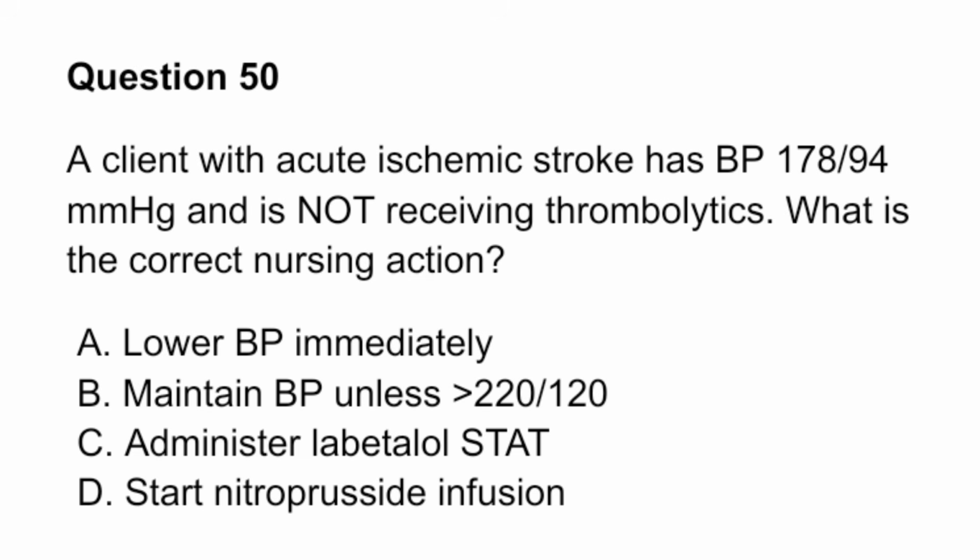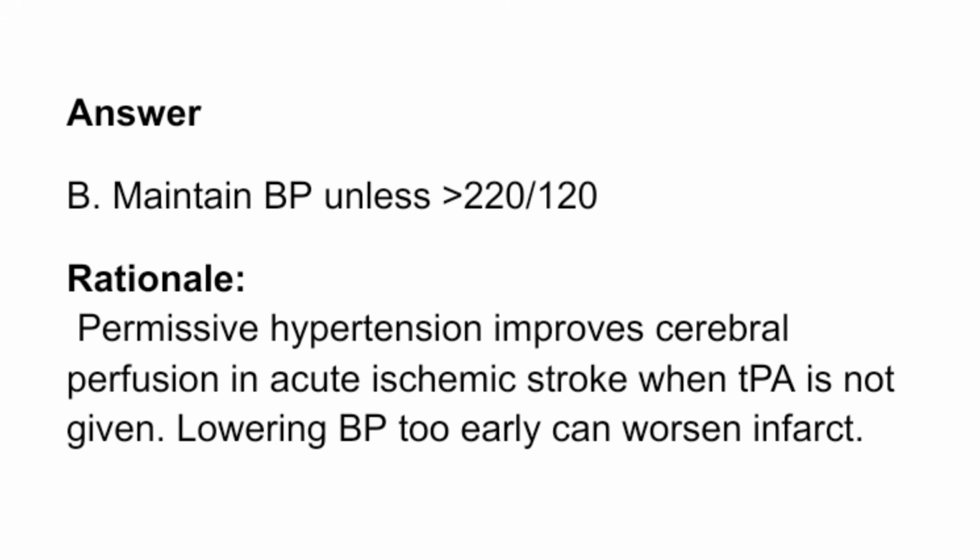D. Start nitroprusside infusion. Answer: B. Maintain BP unless greater than 220 over 120. Rationale: permissive hypertension improves cerebral perfusion in acute ischemic stroke when TPA is not given. Lowering BP too early can worsen infarct.